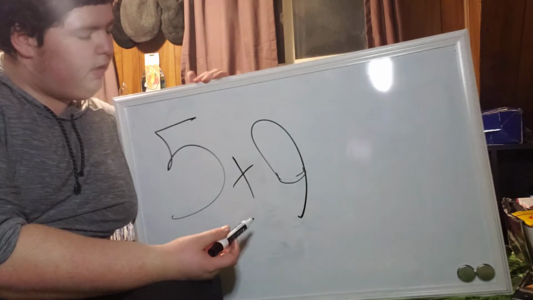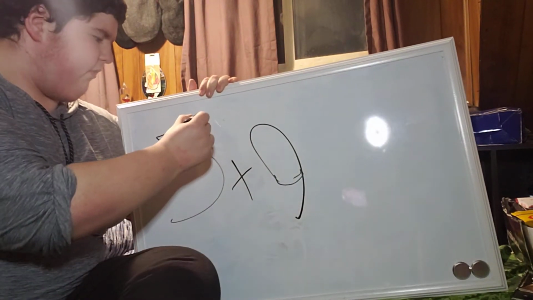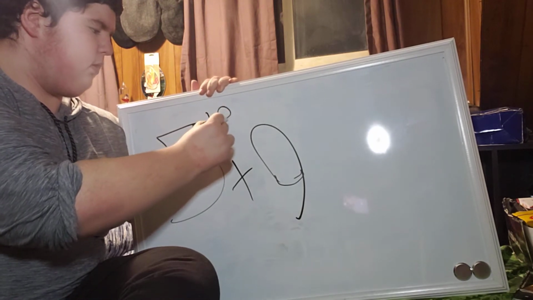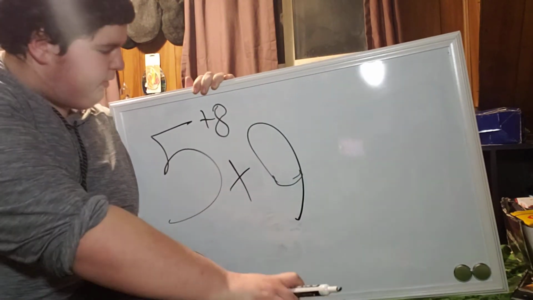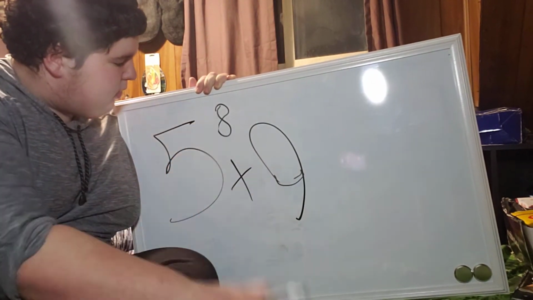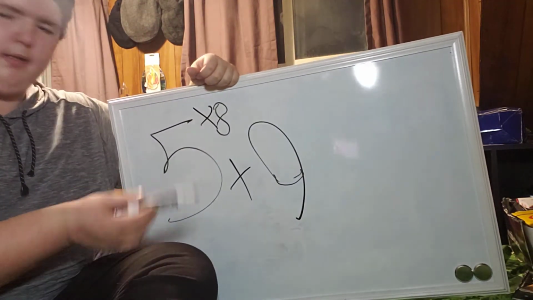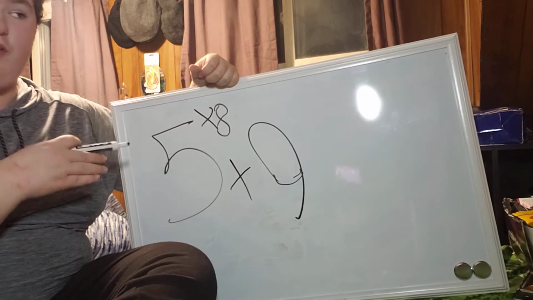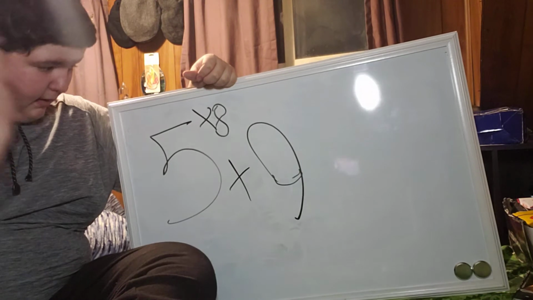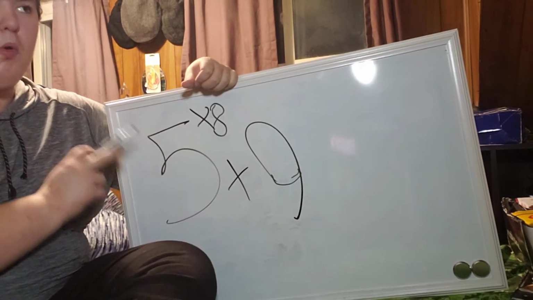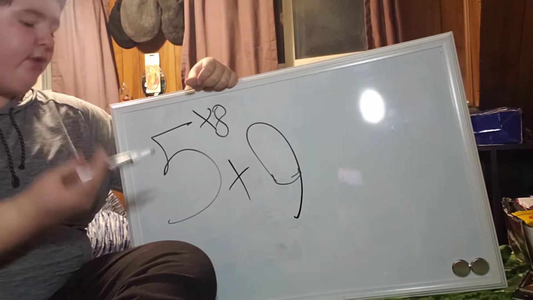So let's think of it as 5 times 8, which you can skip count: 5, 10, 15, 20, 25, 30, 35, 40. So you know that's 40, and since 9 is 1 more than 8, you just add 5 to 40. So 40 plus 5 is 45, and that's how you get your answer.